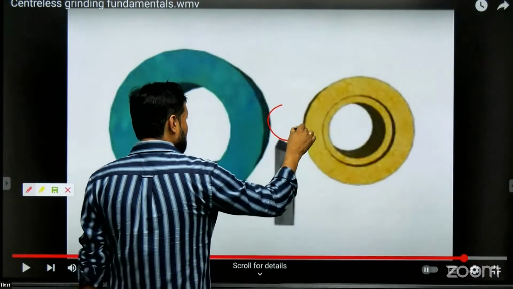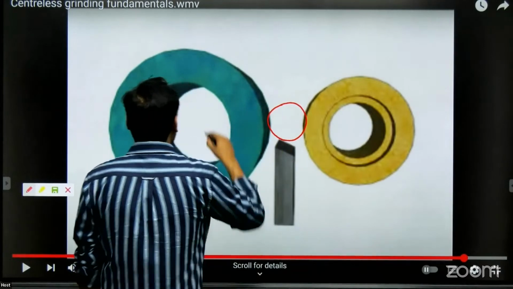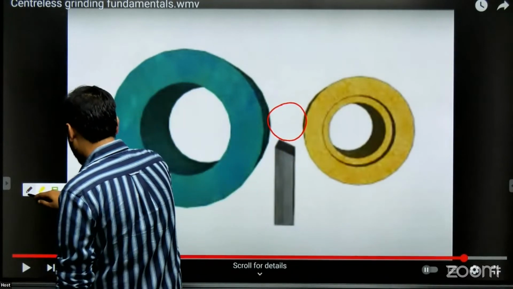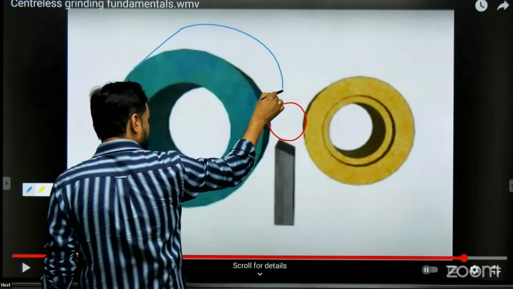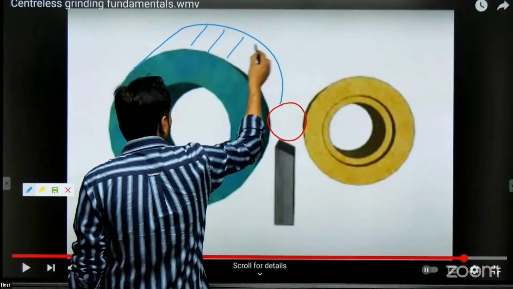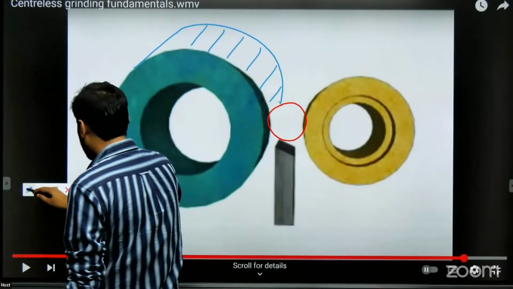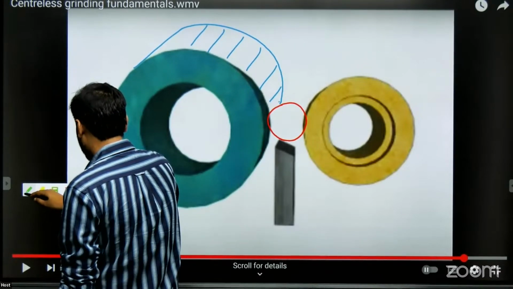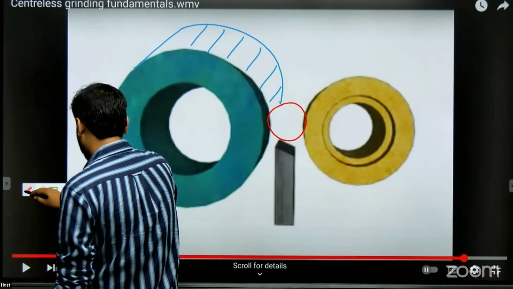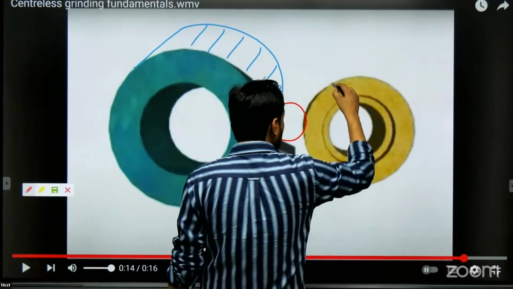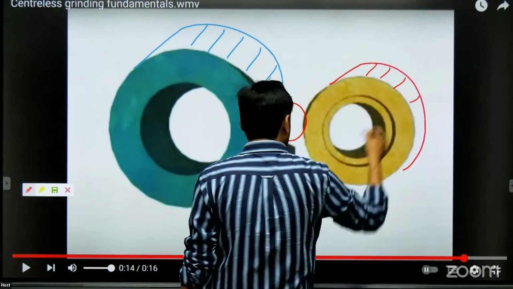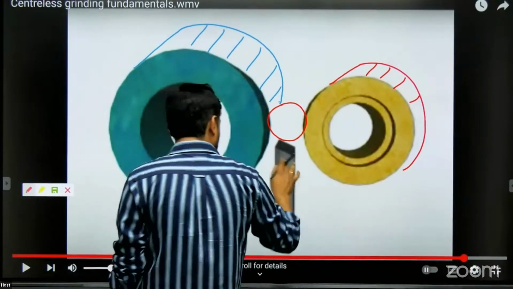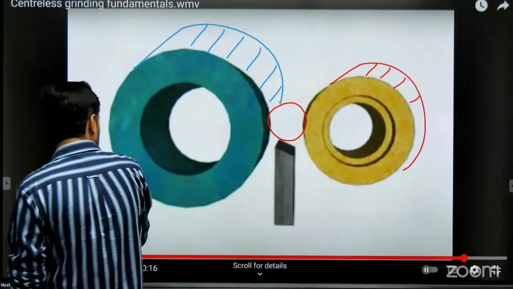So let us say this is the cylindrical workpiece, and then there we have this grinding wheel, and we have the another grinding wheel like this. And this work rest blade, this is the front view, that's why it is looking like that.